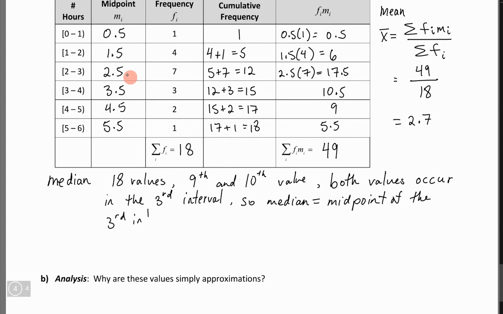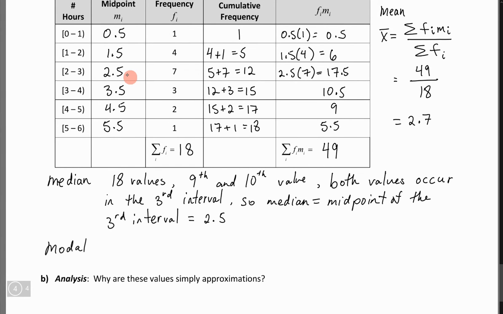Remember, we don't have specific values here, right? We don't know if it's 2.1 hours, 2.9 hours, it was never asked. They were only asking them in what interval. So for this to work, it makes the most sense to just use midpoints of our interval. So the midpoint of this is 2.5 hours.